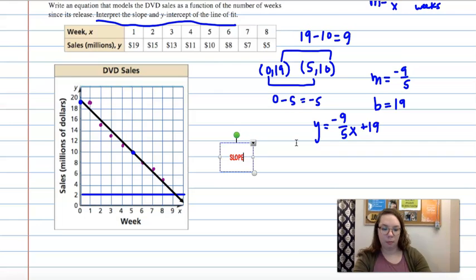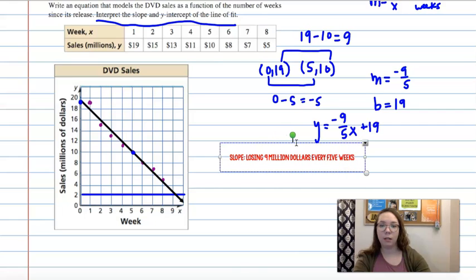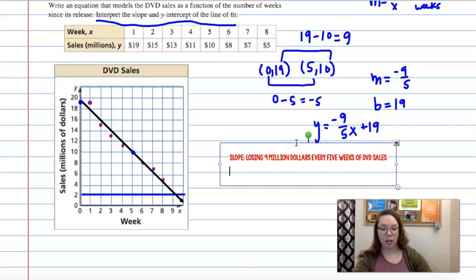For our slope, we are losing, since it's negative, we're losing $9 million every 5 weeks of DVD sales. And then y-intercept means that we started at 19 million in sales. At 0 weeks, we had 19 million in sales.